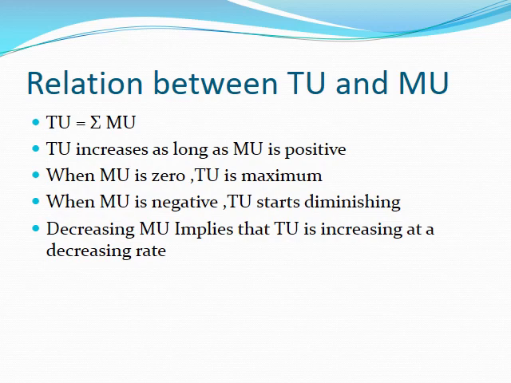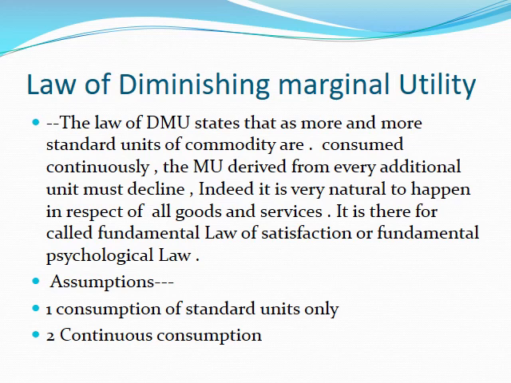Now, the law of diminishing marginal utility means, as the name suggests, that when we go on consuming additional units of a commodity, the marginal utility derived from each successive unit goes on diminishing.